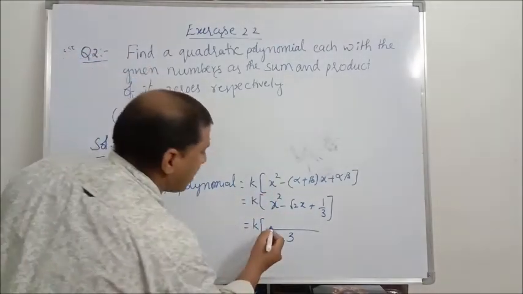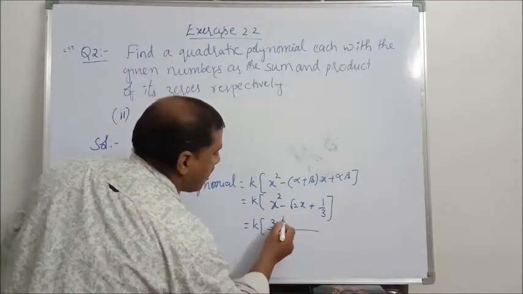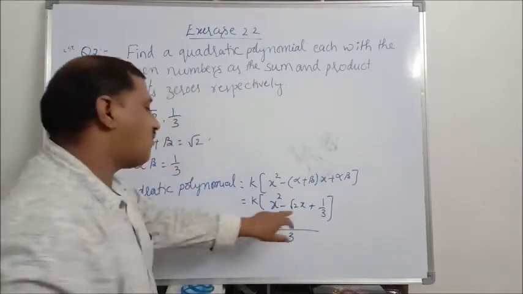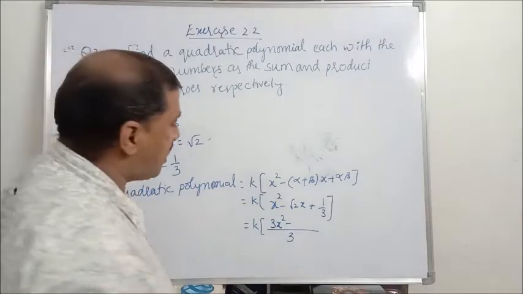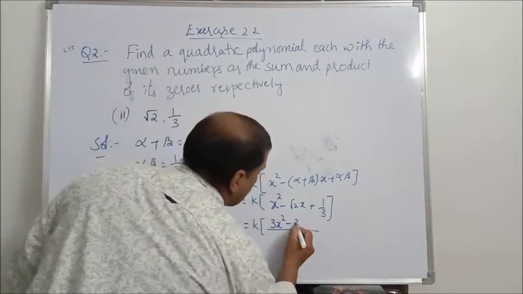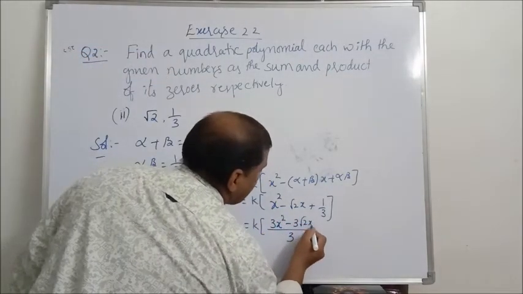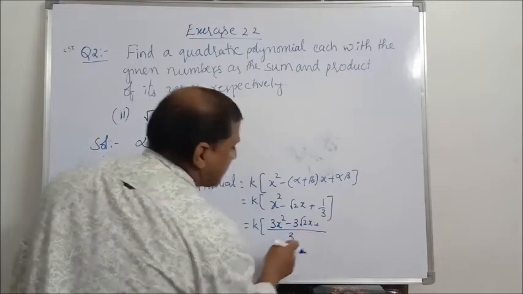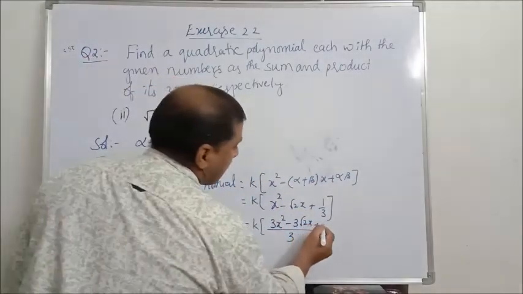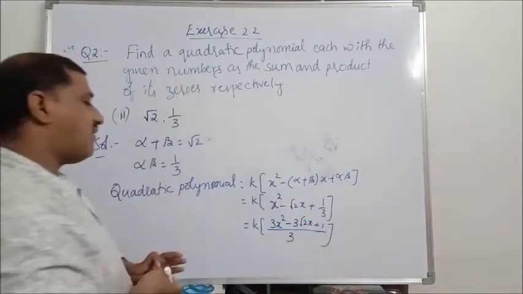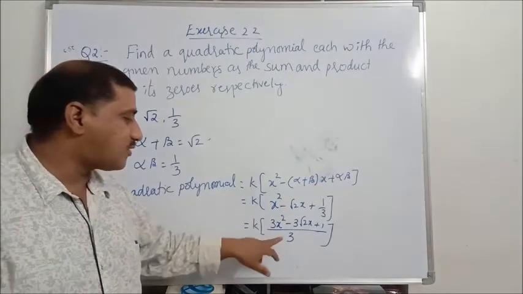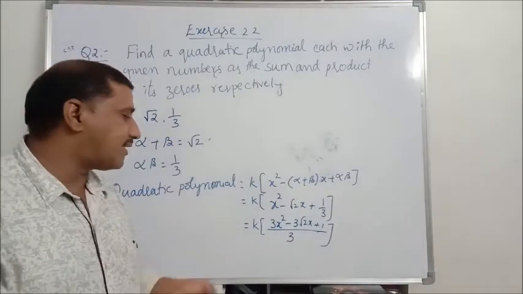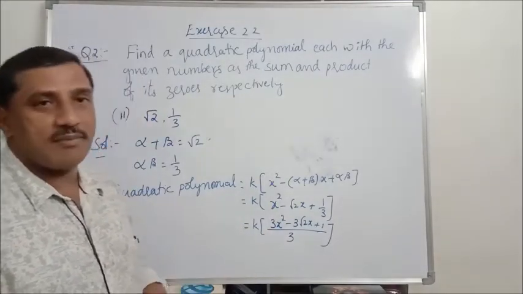3 into x square is 3x square minus, again here 1 is the denominator, divide 3 by 1 we get 3 as the quotient. 3 into root 2 is 3 root 2, 3 root 2 x, plus 3 ones are 3, 1 is the quotient, 1 into 1 is 1. So now the required quadratic polynomial is k into the whole of 3x square minus 3 root 2x plus 1, the whole divided by 3.